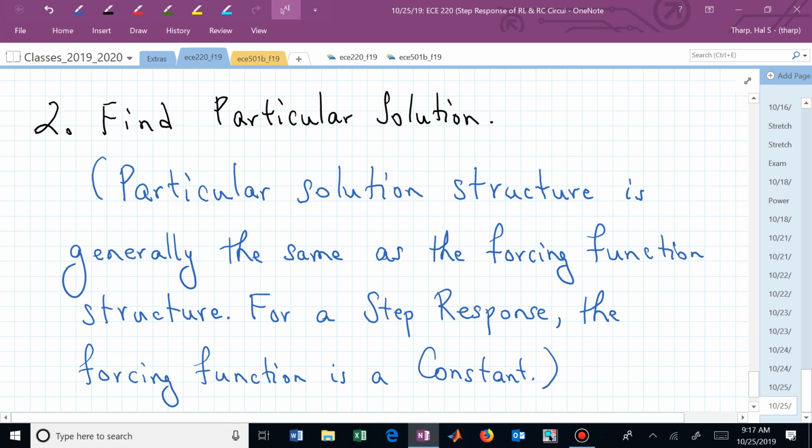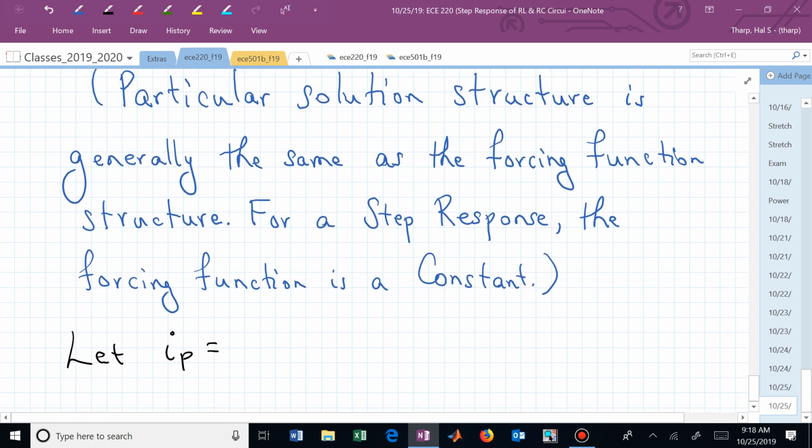Then you have to do a little bit more to find the structure of the particular solution. Here, we just assume that our structure for the particular solution is a constant, since that's how we're exciting our system now, with a step.